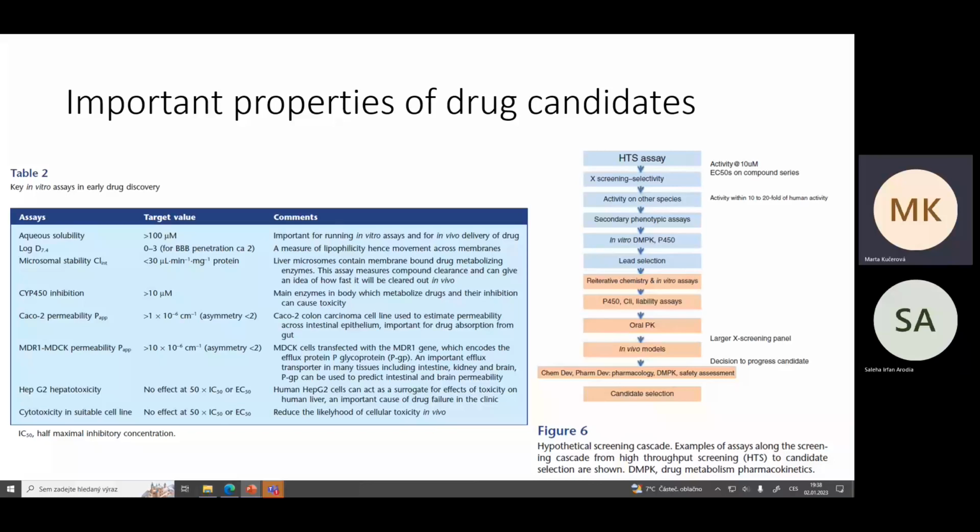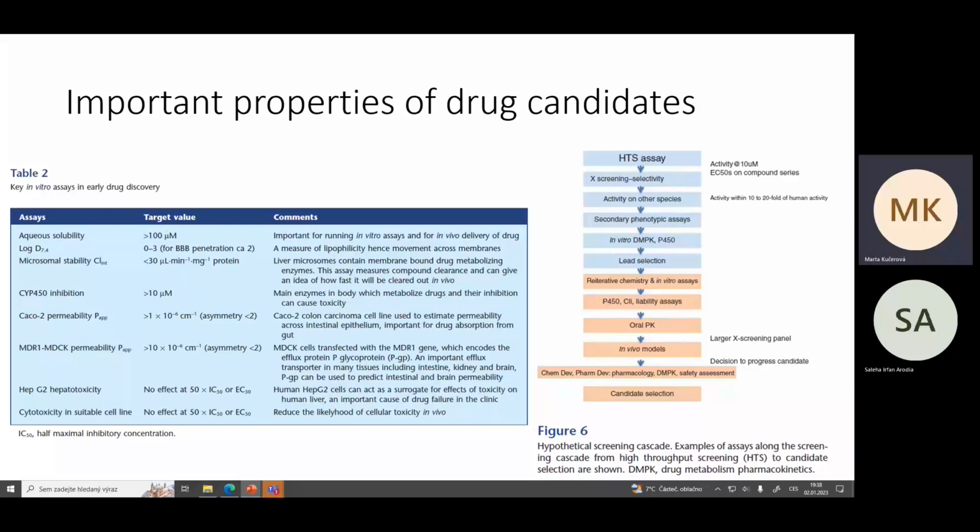So I think I gave you a lot of examples, and I would like also to summarize some other important properties of drug candidates. We have seen some IC50 values, binding modes in the active sites. We have seen the selectivity. However, the scientists have to include also other items.